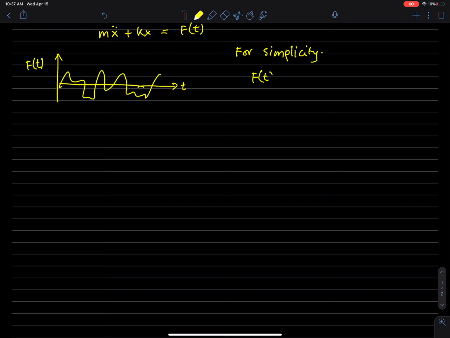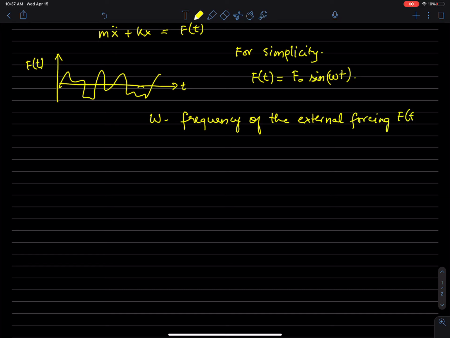F of t equals f naught sine omega t, okay, where omega is the frequency of the external force, or external forcing f of t, and f naught is the amplitude of the external force.